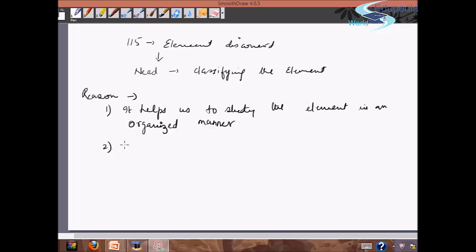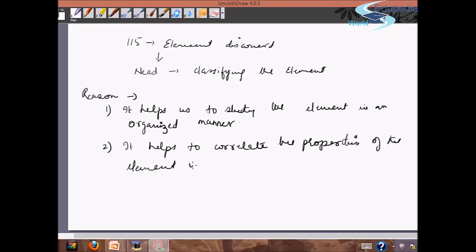It also helps to correlate the properties of the element with the fundamental properties of all the states of matter.